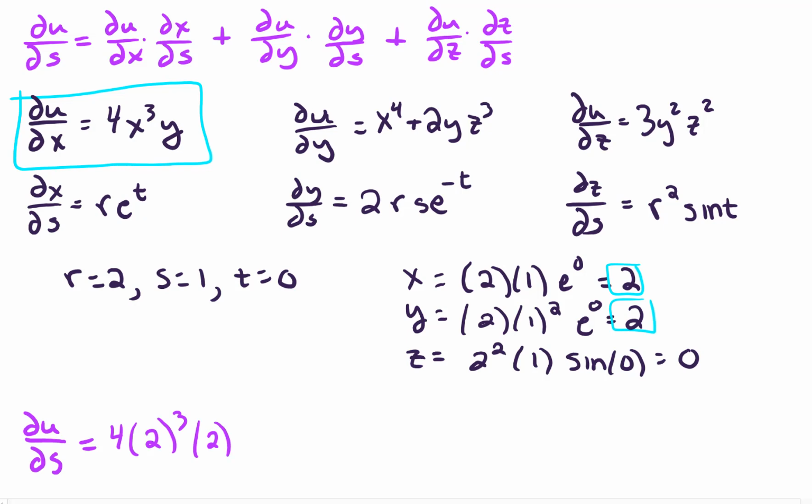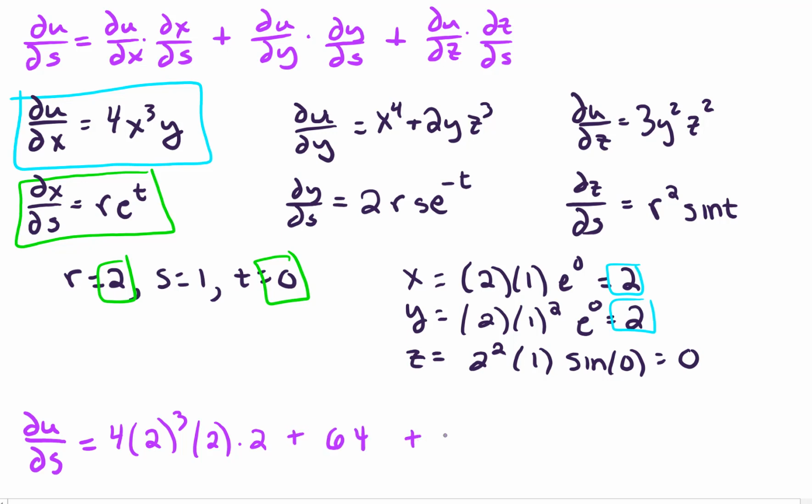We also need to multiply that times dx ds, and dx ds is right here. Plugging in our values for r and t, that works out to be 2. And if we continue in that fashion for all the other terms of our problem, we get 64 and we get 0 in the last term. And working that out, our final answer is 192.